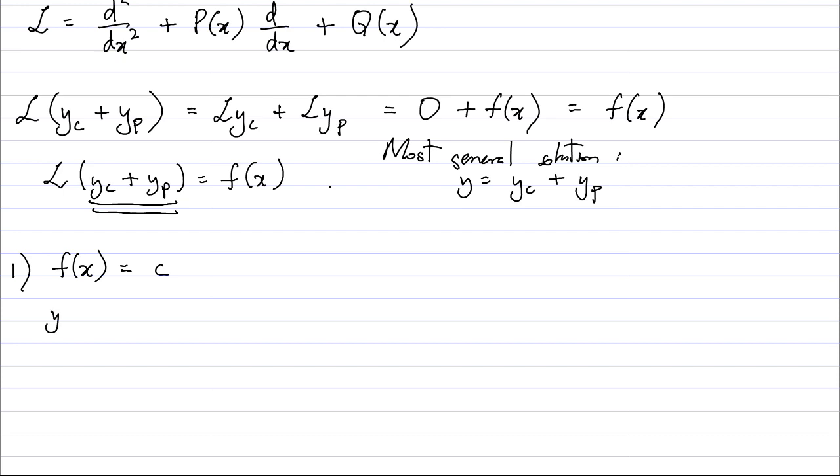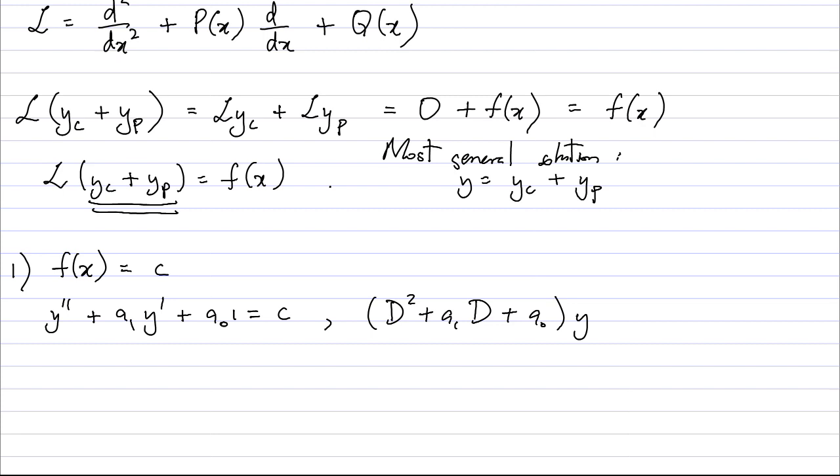Suppose the differential equation I can then write as y double prime plus a1 y prime plus a naught y is equal to c, or you can of course write this as D square plus a1 D plus a naught acting on y.